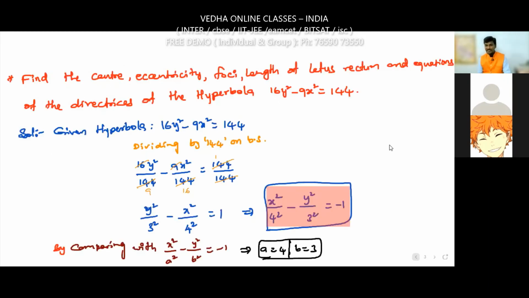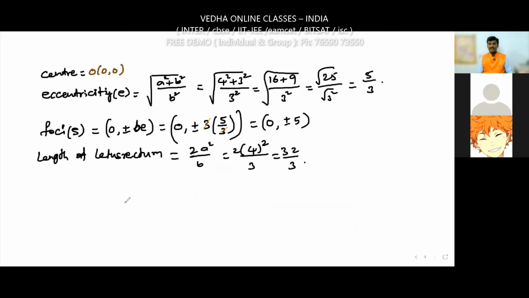After that, what is he asking? He is asking the equations of directrices. Here we take y is equal to plus or minus b divided by e.